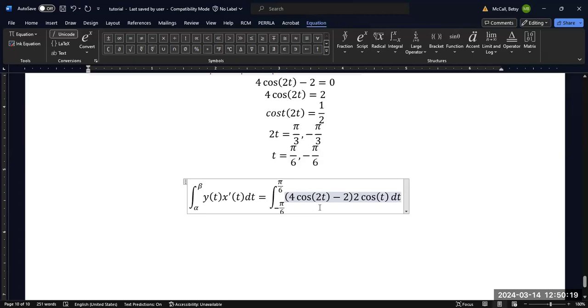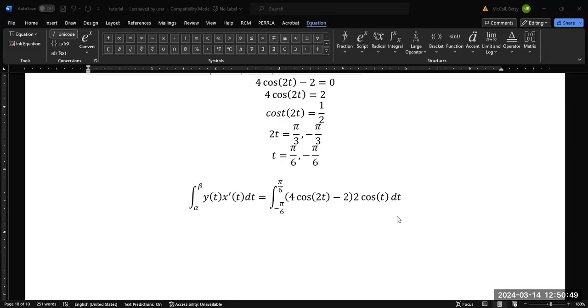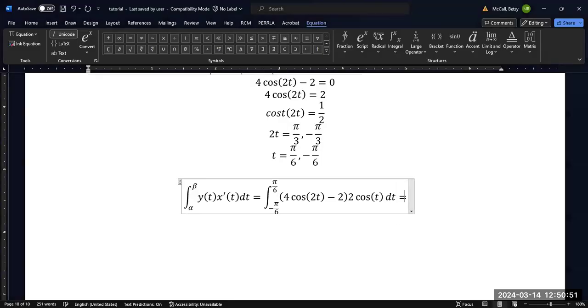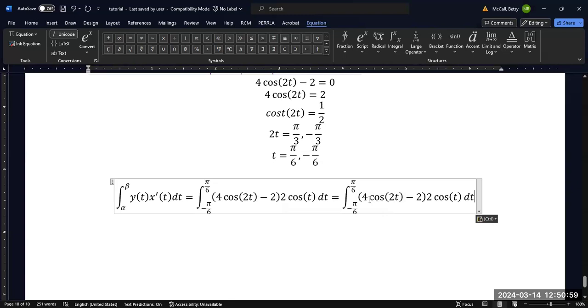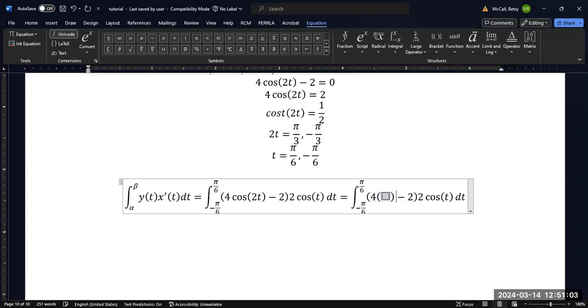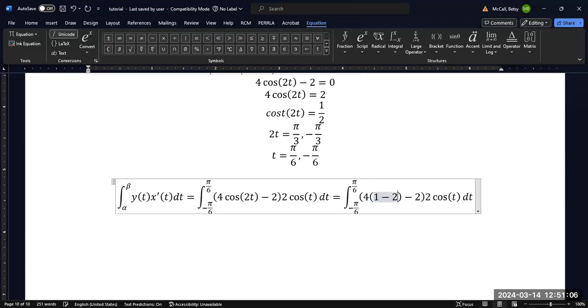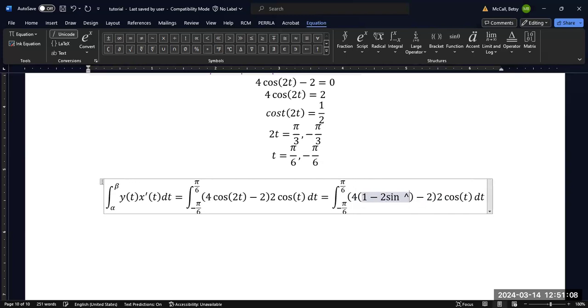The choices are really up to you, but I'm going to use the sine squared identity. So this is going to become 1 minus 2 sine squared of t.